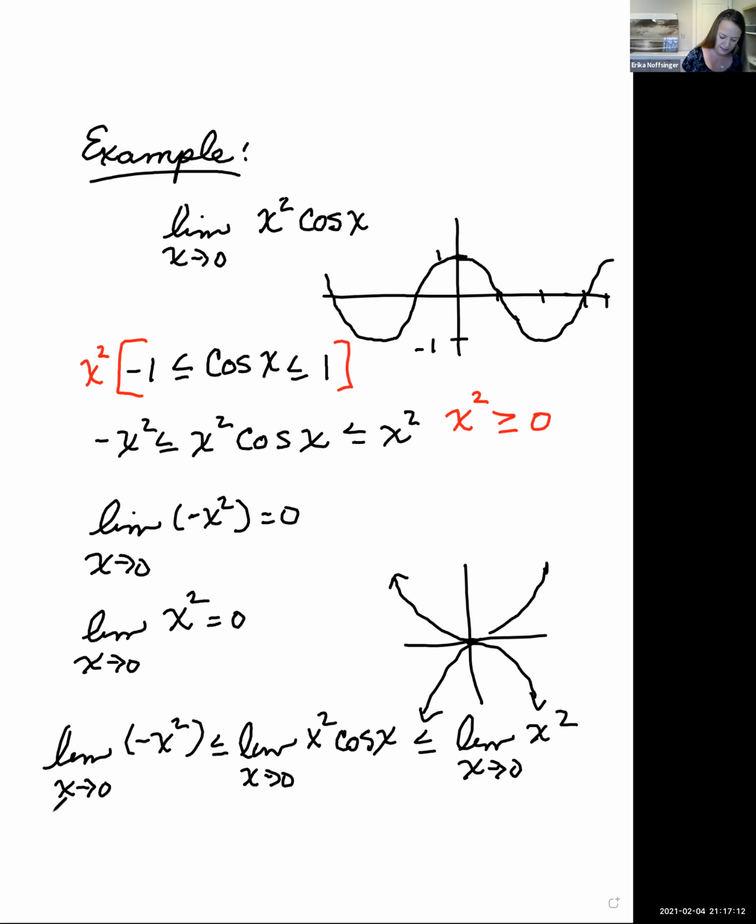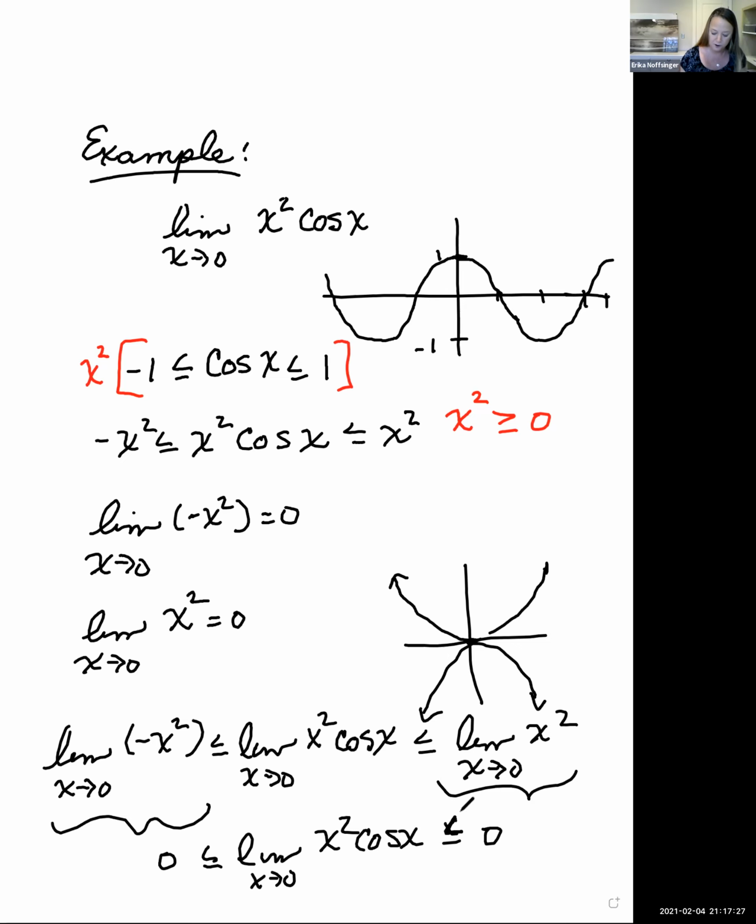Again, we know that this is 0, and this is also 0. So therefore, we can say that the limit as x approaches 0 of x squared cosine x is also 0.